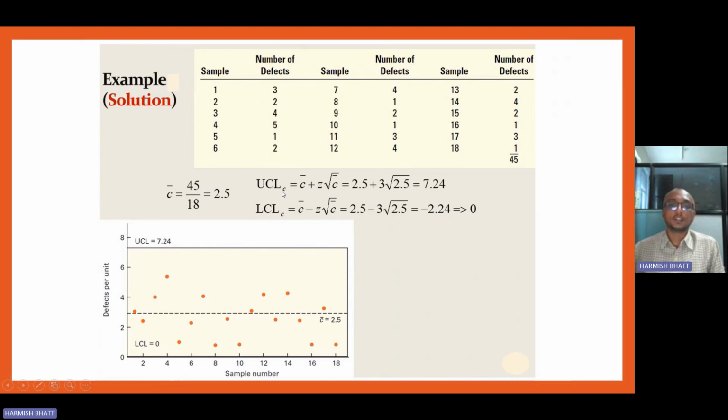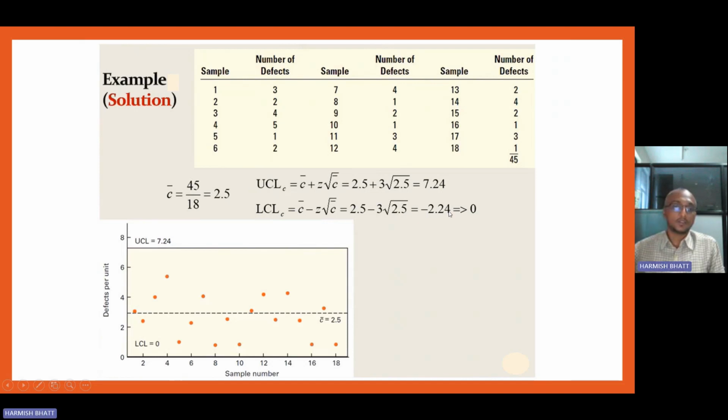Now the UCL is C bar, the mean line, plus Z into under root C bar. If we put in all the values, the UCL for the C chart will be 7.24, and the LCL for the C chart will be minus 2.24.